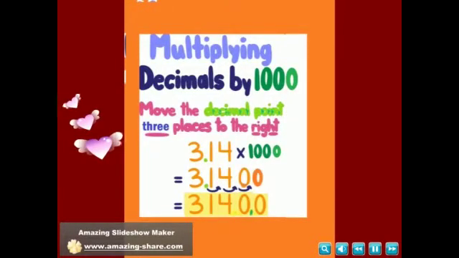Likewise, if we are multiplying a decimal by 1000, we move the decimal point three places to the right. So for multiplication of decimals, we move the decimal point to the right according to the powers of 10.